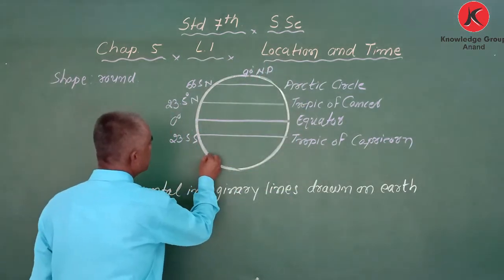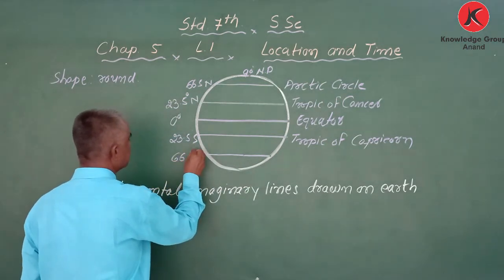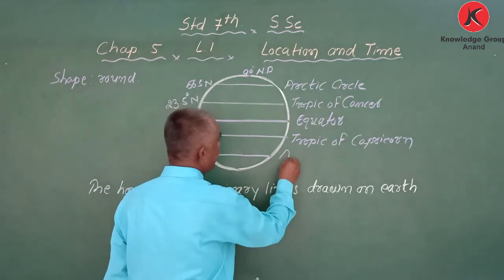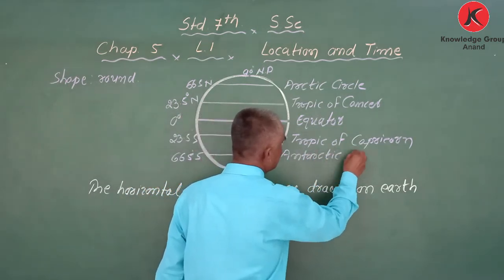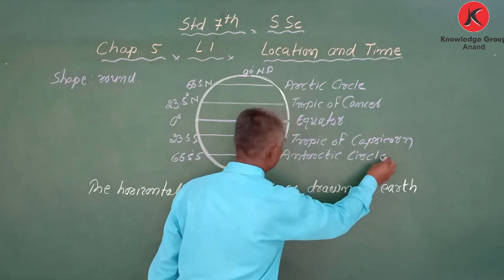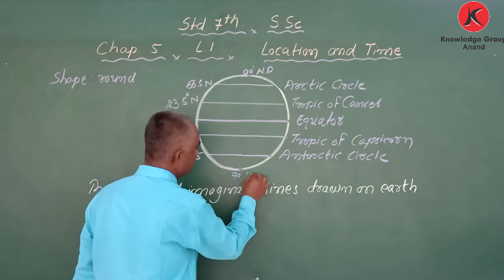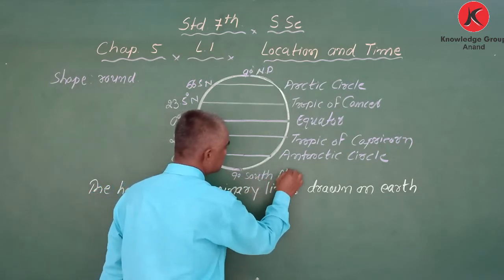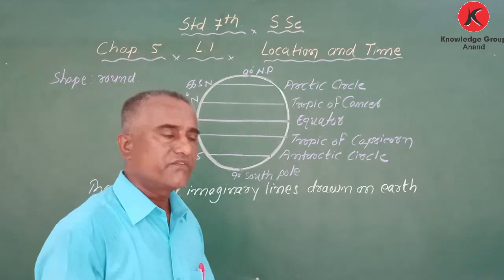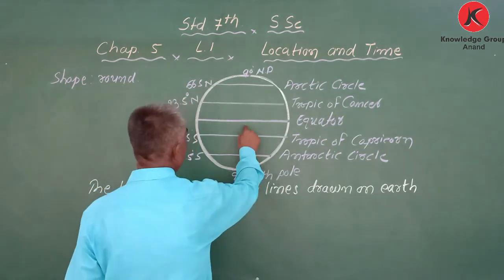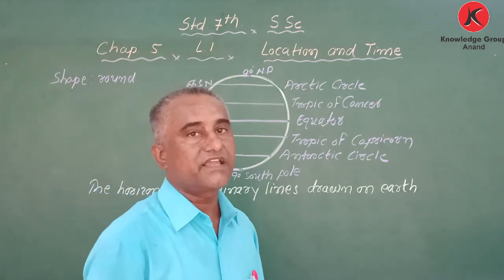Here 66.5 degree S, that is called Antarctic Circle. And the last one is 90 degree, South Pole. We don't consider North Pole and South Pole, but we consider these five: 1, 2, 3, 4, 5.